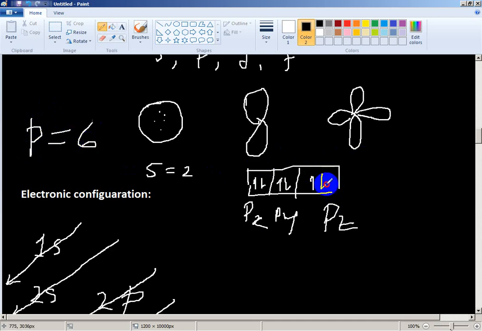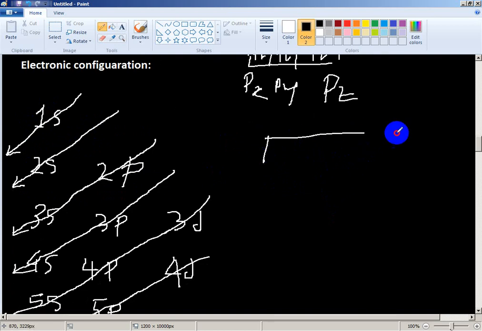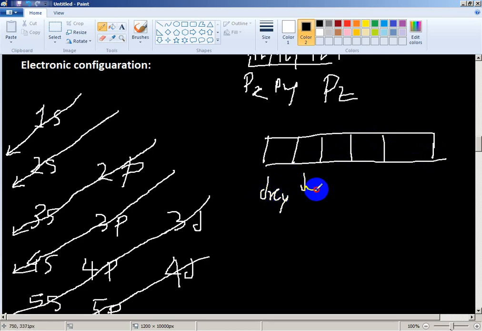Now the d orbital. In the d orbital there are 5 subshells, 5 d orbitals: dxy, dyz, dzx, dx square minus y square, and dz square.